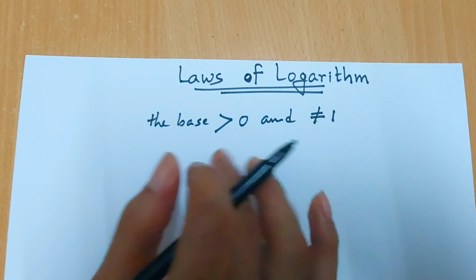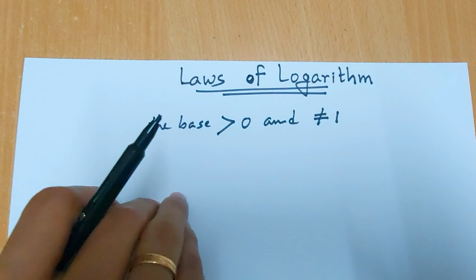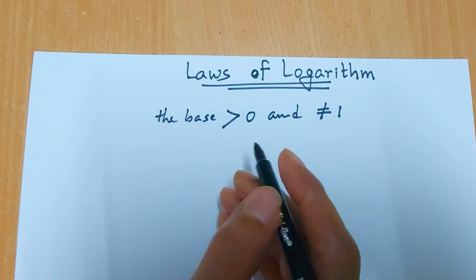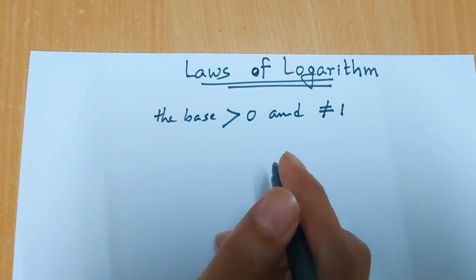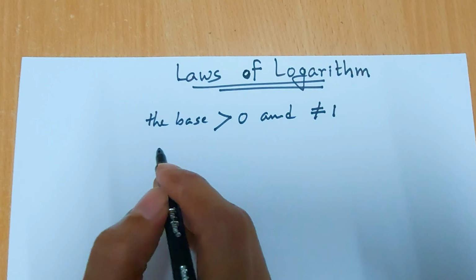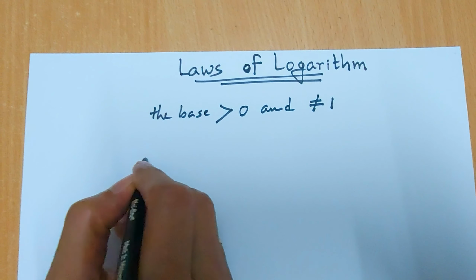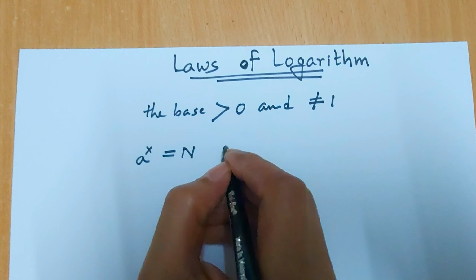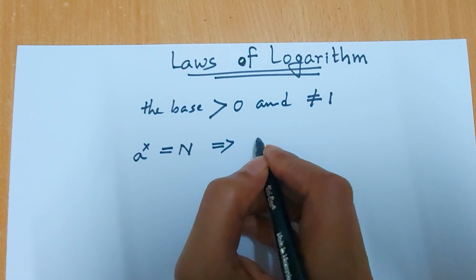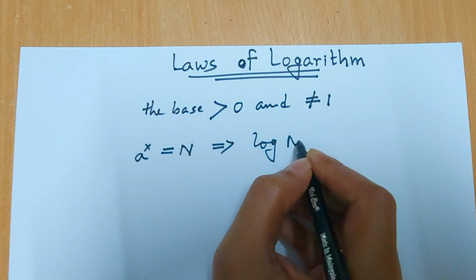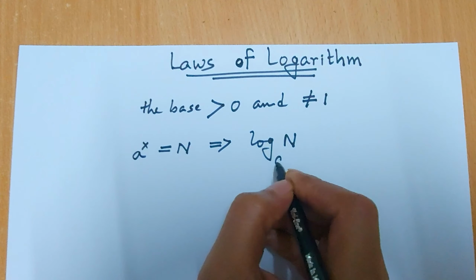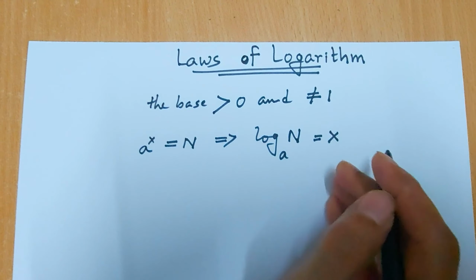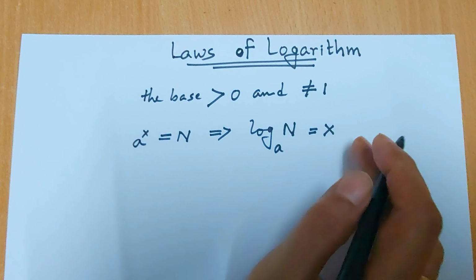That means the base of log must be a positive number, but as far as we know, any positive number raised to any power cannot give a negative number in any way. So in exponential form, if I write a power x equal to n, and if I write it in logarithmic expression, log of the number base a equal to x, that is x, the exponent, will be the answer in log.